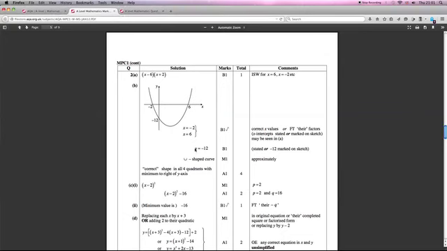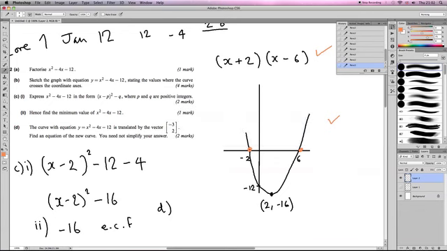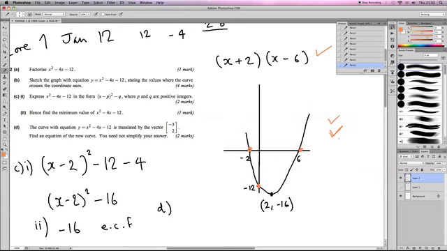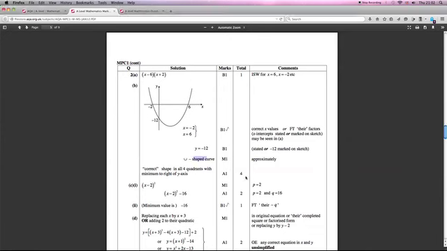So next mark is the y value of -12. So it crosses at -12. So that's going to be 1 mark there. The next bit is for essentially the parabola shape. So parabola shape, I've got a parabola shape, 1 mark. And then the 4th mark is basically the correct shape.